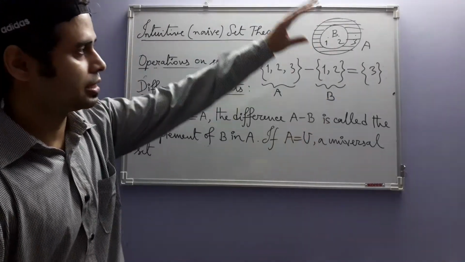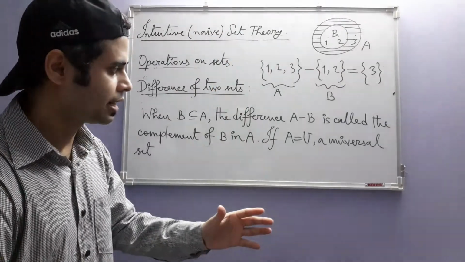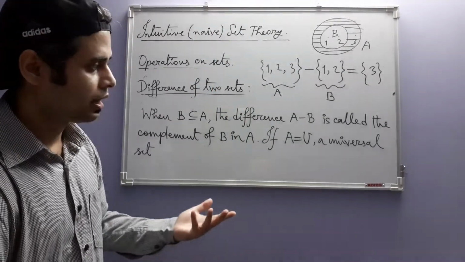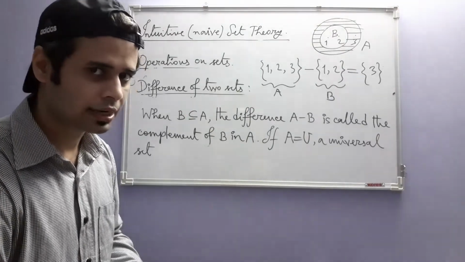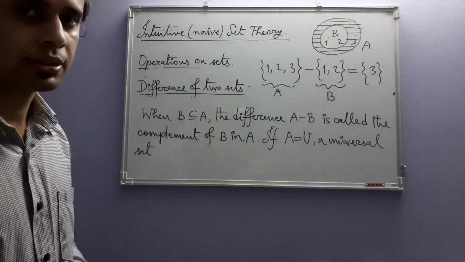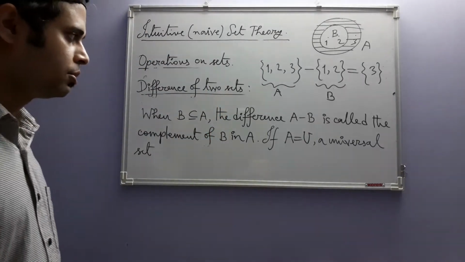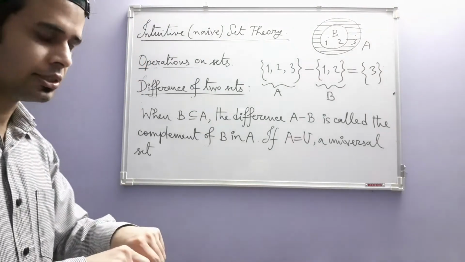It is a set which will contain all the elements that we are going to discuss, and it will contain all the sets in our discussion as its subsets. It must be that large. It must be large enough to contain all elements as elements and all sets as subsets.